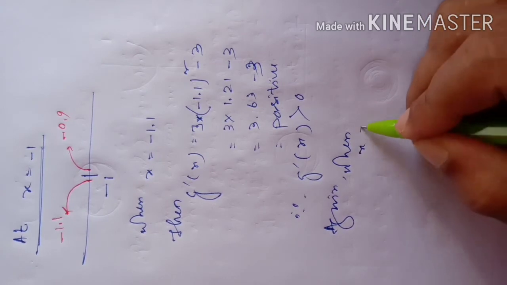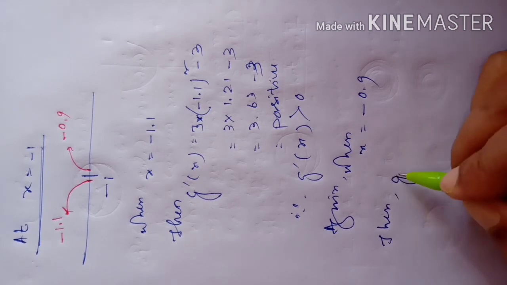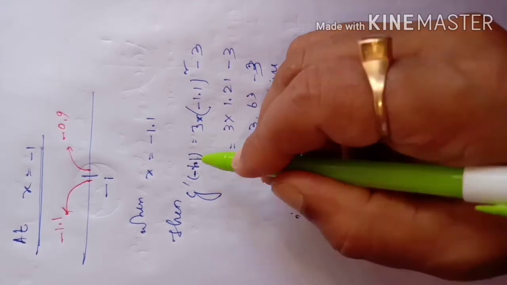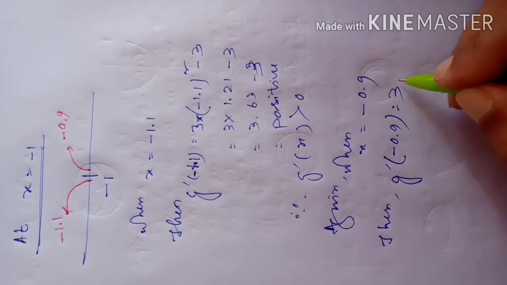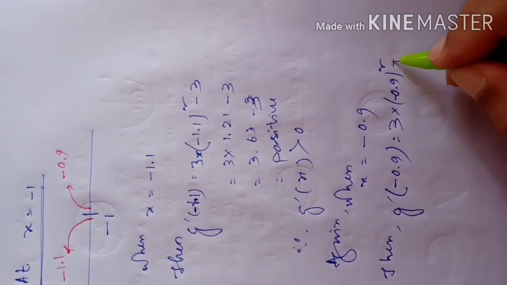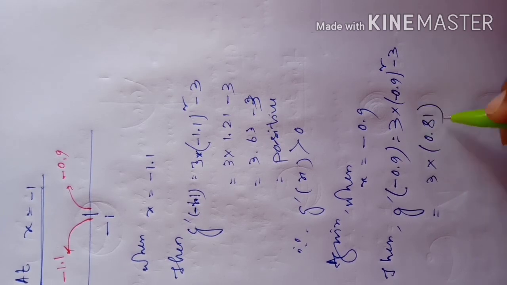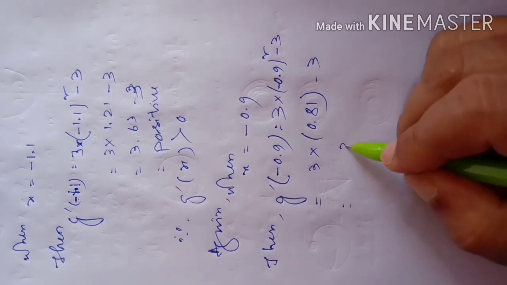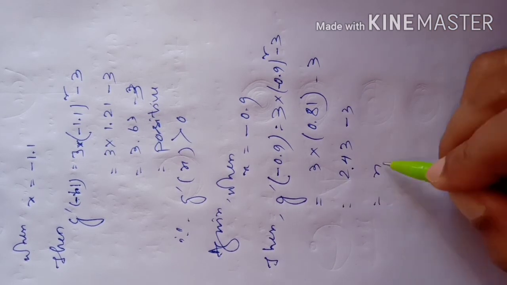So when x is equal to minus 0.9, then g dash minus 0.9 will give us 3 into minus 0.9 whole square minus 3, that will be 3 into 0.81 minus 3, that is 2.43 minus 3, which is negative.